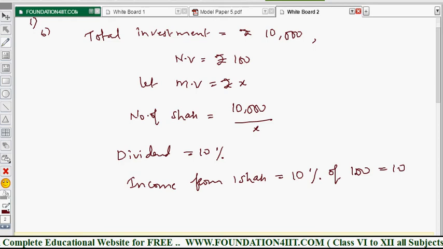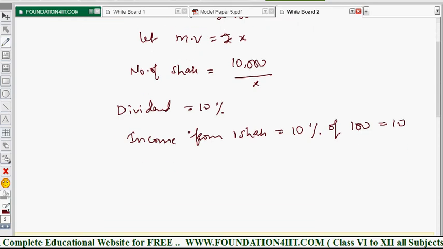Then the annual income, that is the total income, is income from one share, 10, into number of shares, 10,000 by x.